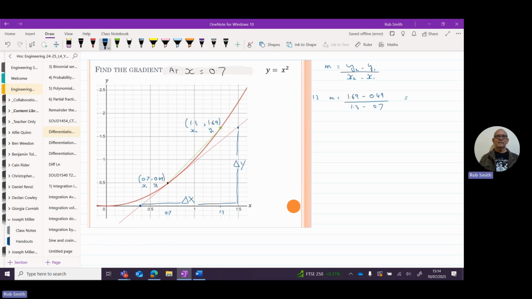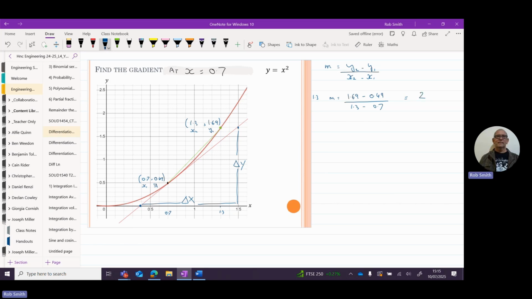Again, we can just work that out on our calculator. 1.69 take away 0.49 divided by 1.3 take away 0.7. And that gives me a gradient of 2.